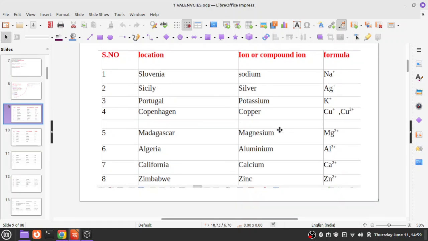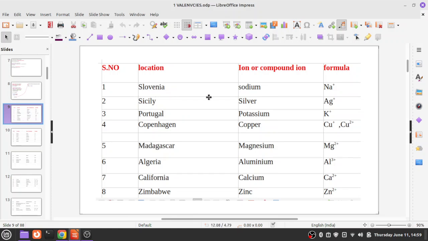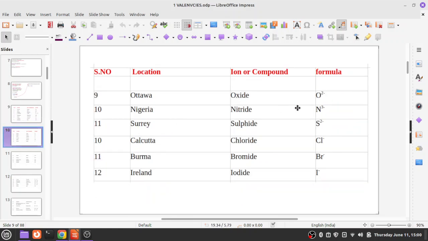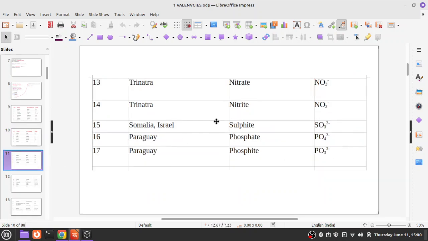First of all, let us see. There are some valencies of some elements shown here. Sodium Na plus, silver Ag plus, potassium K plus, copper Cu plus, Cu2 plus, magnesium like that. Calcium Ca2 plus, zinc Zn2 plus. Similarly, oxide O2 minus, nitride N3 minus, sulfide S2 minus, chloride Cl minus, bromide Br minus, iodide I minus, and nitrate NO3 minus, nitrite NO2 minus, sulfite SO3 2 minus, phosphate PO4 3 minus, phosphite PO3 3 minus.